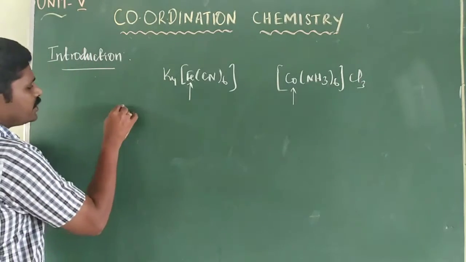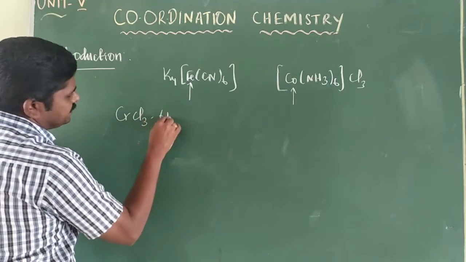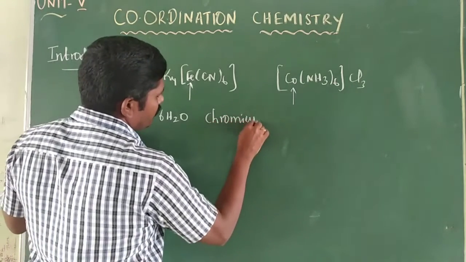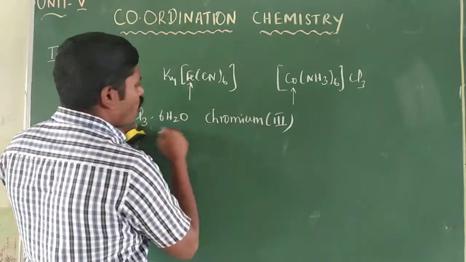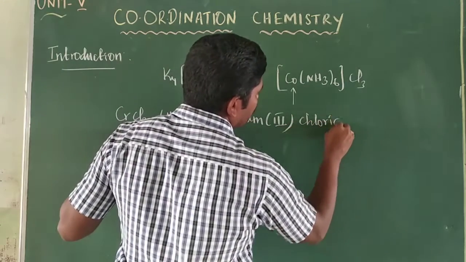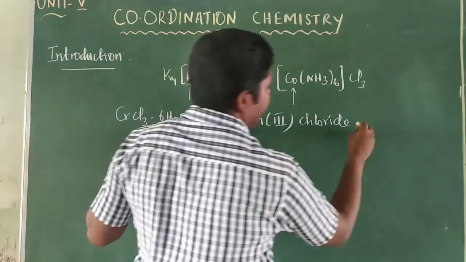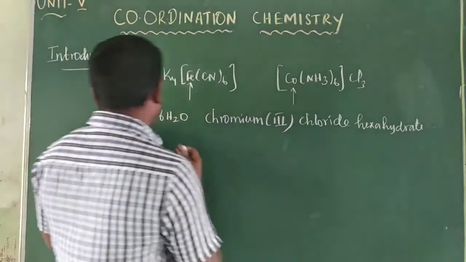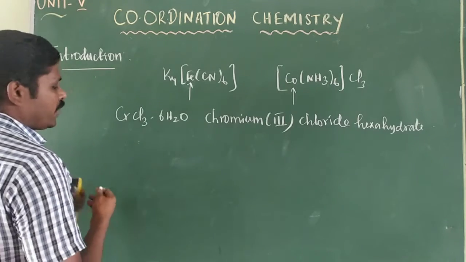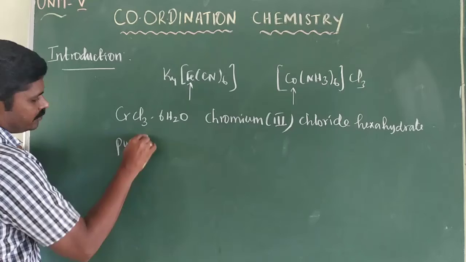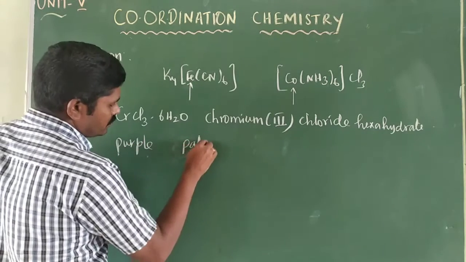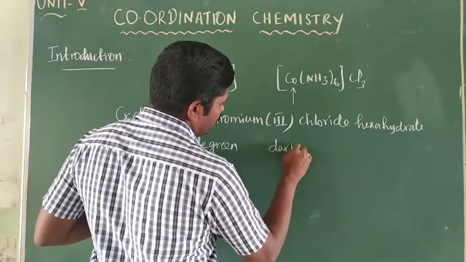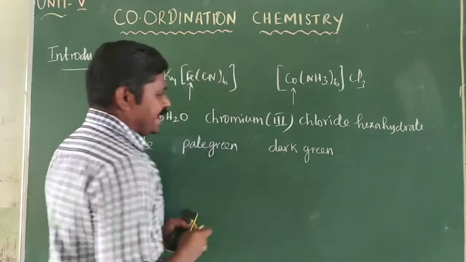So, another example: CrCl3·6H2O, chromium(III) chloride hexahydrate, exists with different colors: purple color, pale green, or dark green color, right?